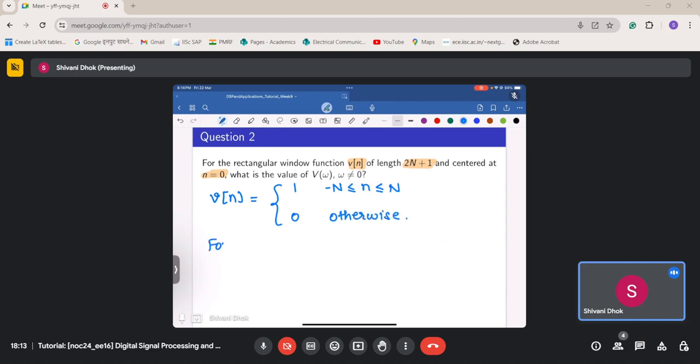So for omega not equal to 0, we have V of omega as the summation over small n running from minus capital N to N of V of n, which is 1, times e power minus j omega n.